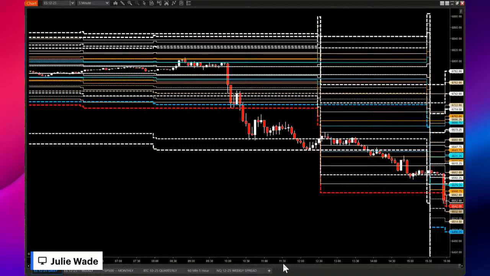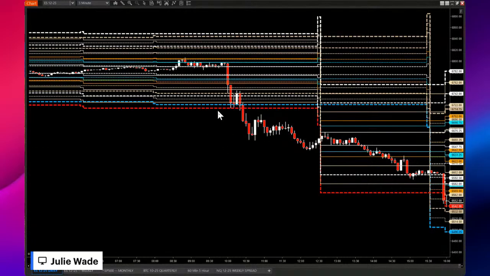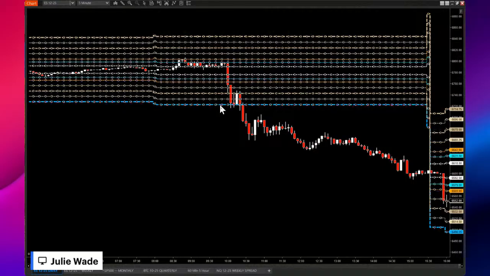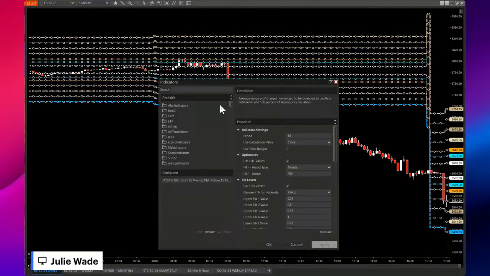Okay. So for tonight, we want to take these off and look at one time frame only, and that is going to be the Globex time frame. Hang on for me 1 second.